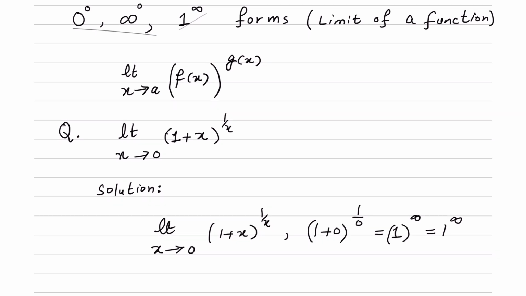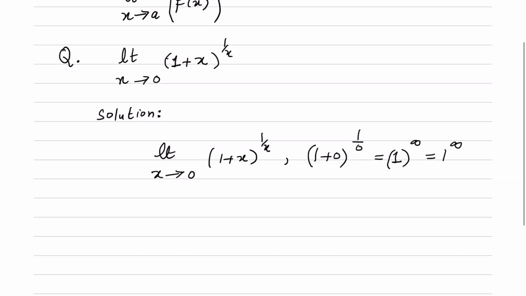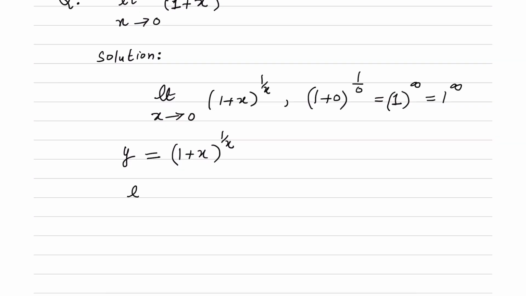So whenever you get an indeterminate form like 1 to power infinity or infinity to power 0 or 0 to power 0, you have to follow these steps. First of all, let's call y equal to this function, which is (1 plus x) to power 1 over x. Take ln on both sides.